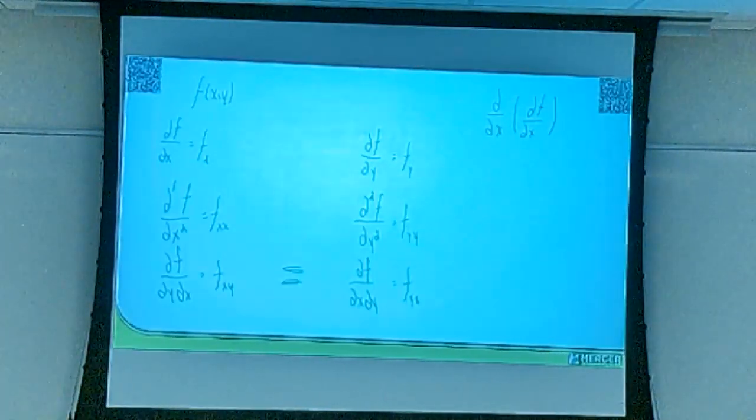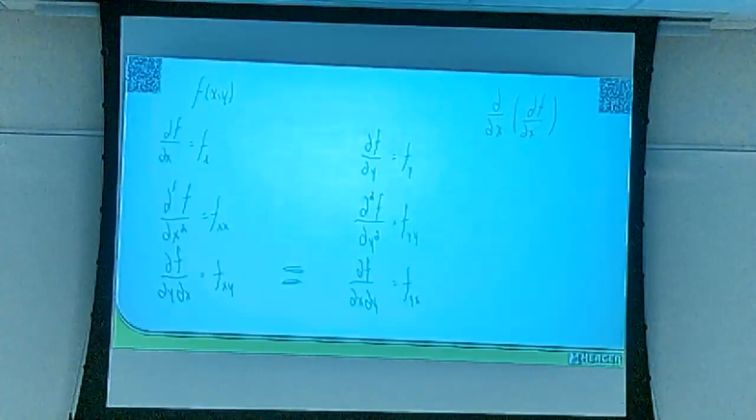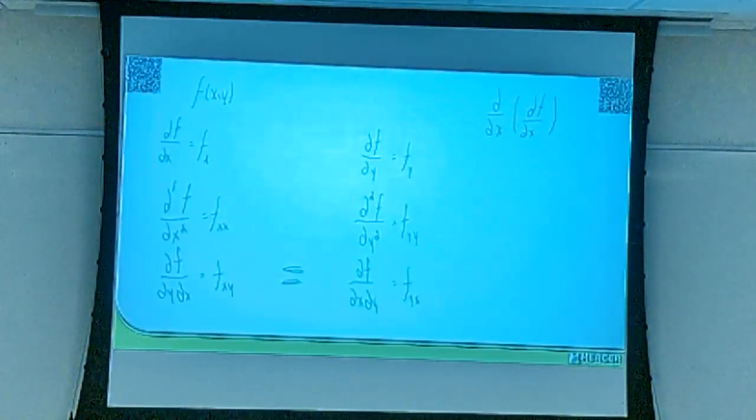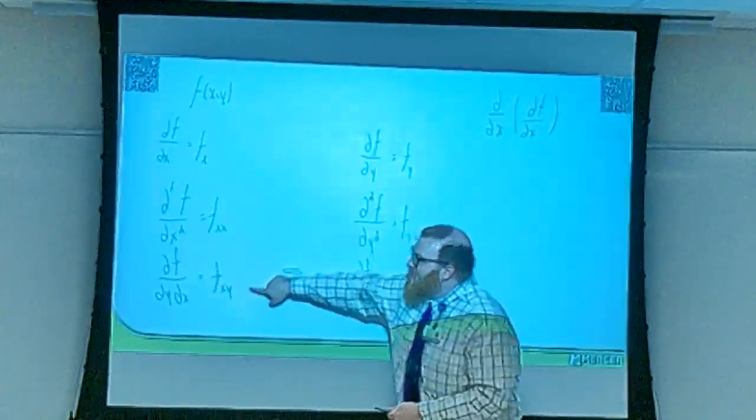So how many third order partials would there be? 3 factorial? 8. 2 cubed. Right? Because this would have 2, this would have 2, this would have 2, this would have 2.